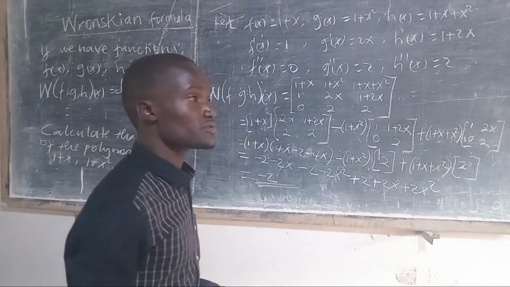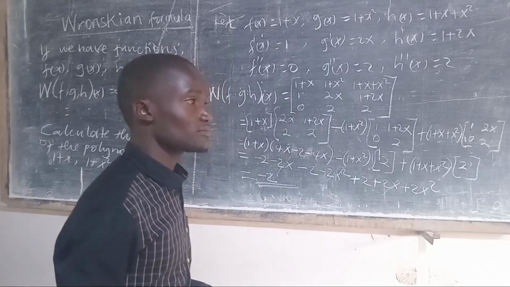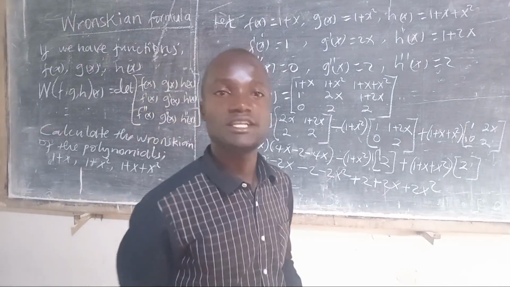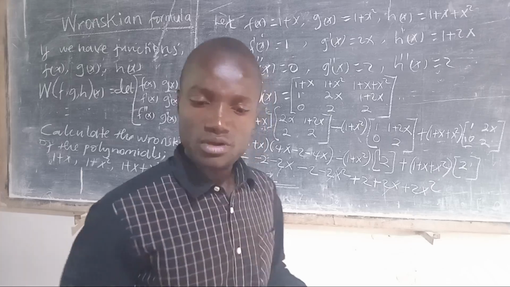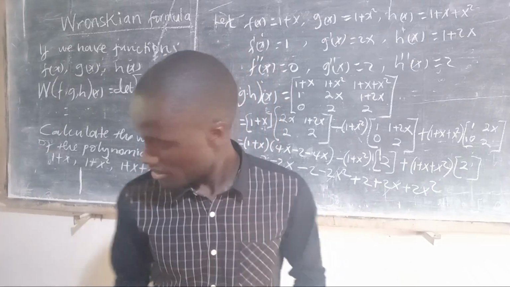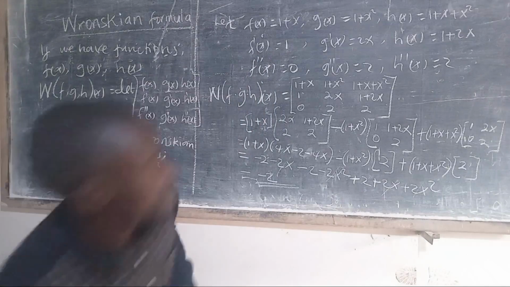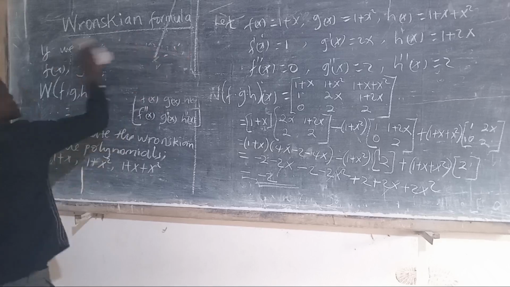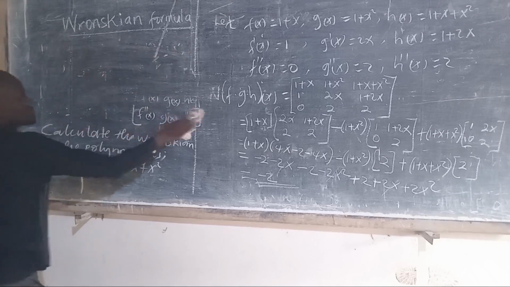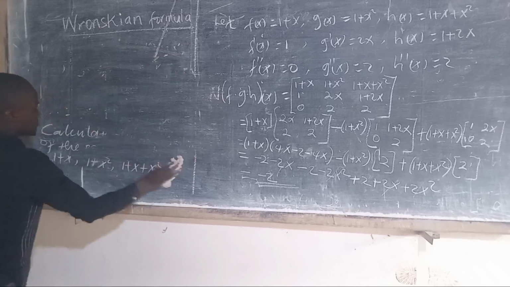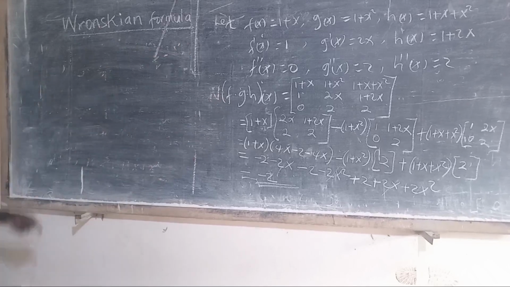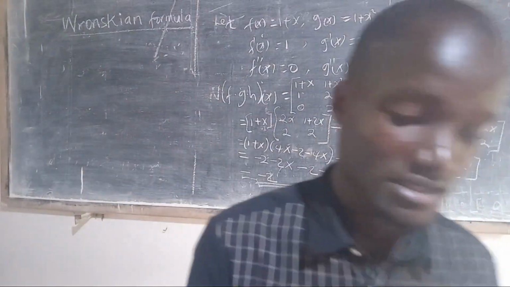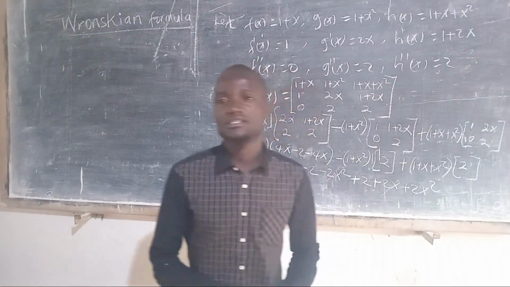Now, we need to discover that the Wronskian formula is also used to determine whether the system is linearly independent or linearly dependent. What do I mean in this context? What do I mean for it to be linearly independent?